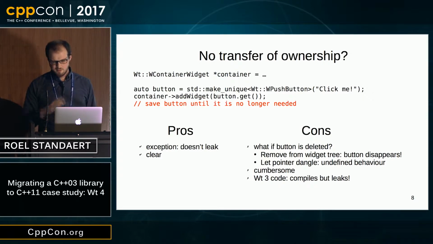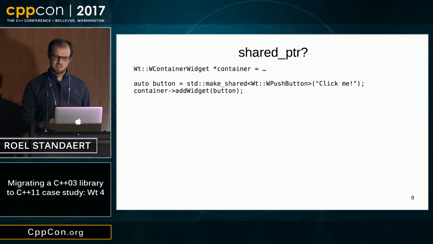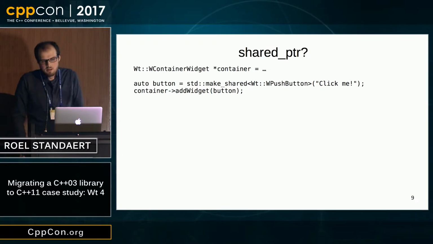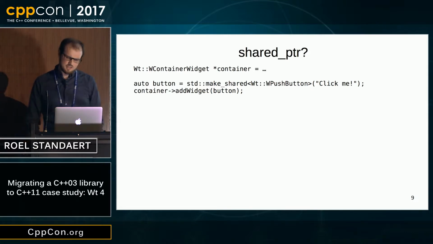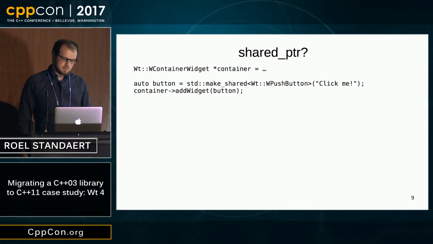So from this, we concluded that this parent-owns-child relationship is still a good way of doing it, but we should make it clear some other way. And we also thought maybe we could use shared pointers for that. For example, you could just call make_shared and then add this shared pointer, and then you have a shared pointer in the container widget and where you just created it.